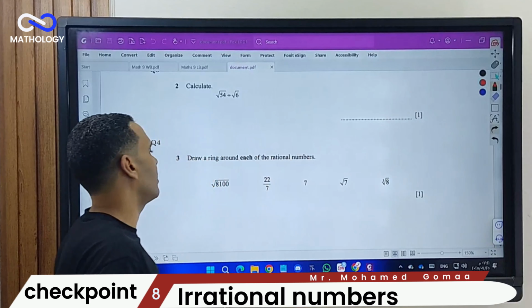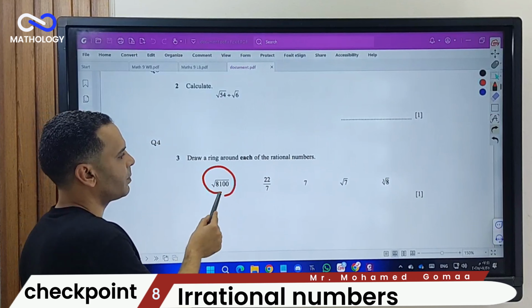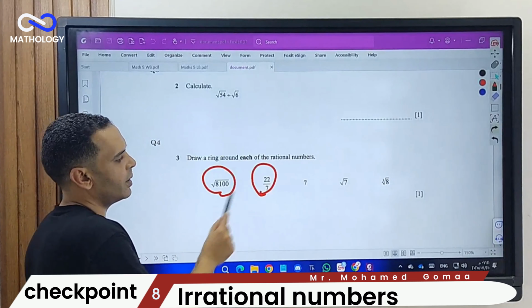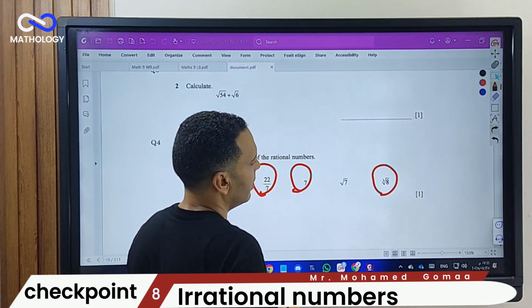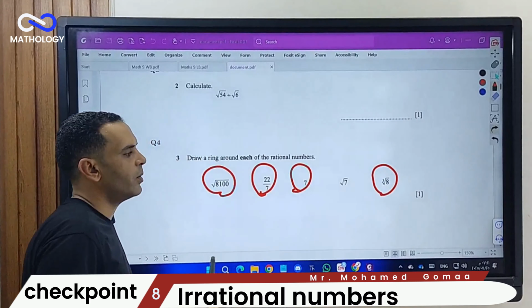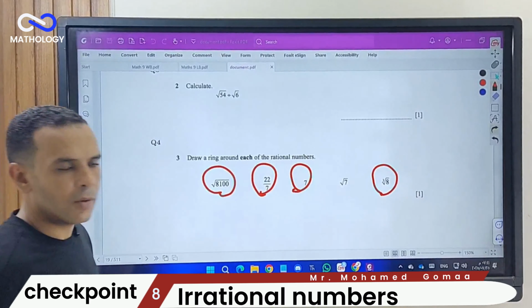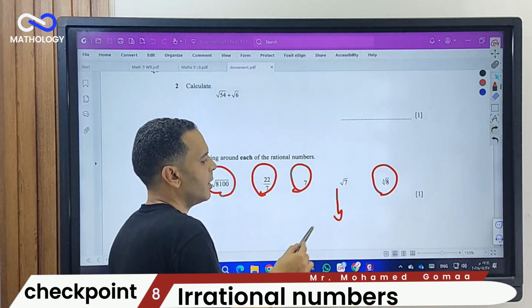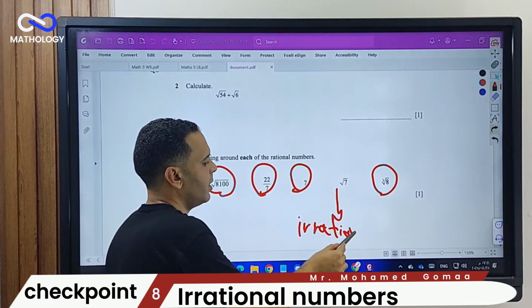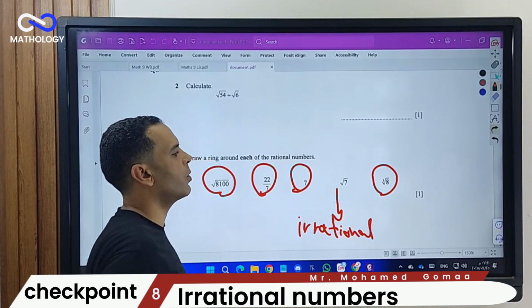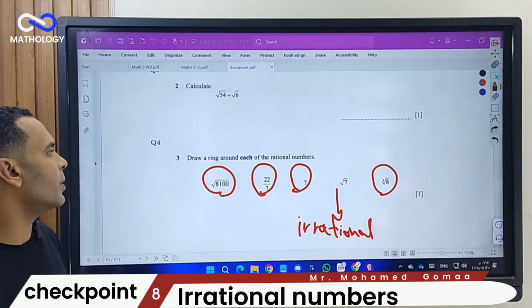That means this one is rational, this one rational, this one rational, this one rational. The only one which is irrational is this one, because it's the square root of a non-square number.